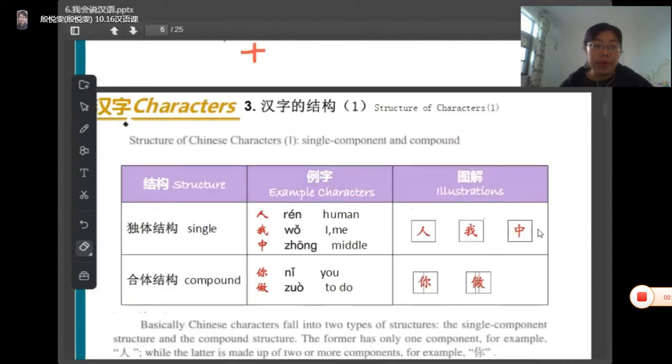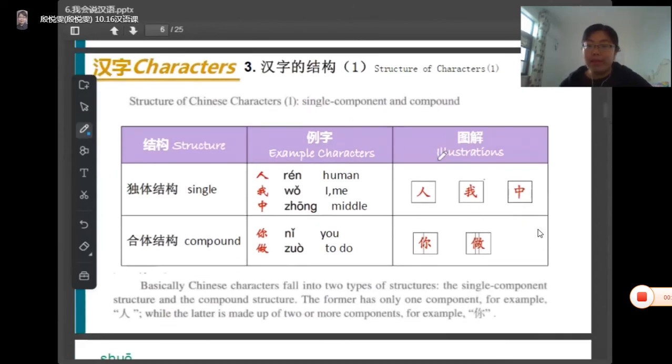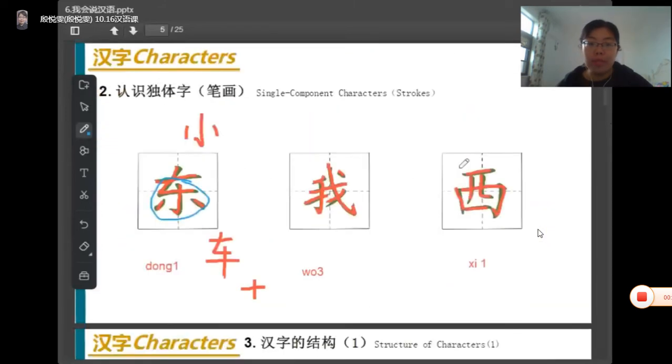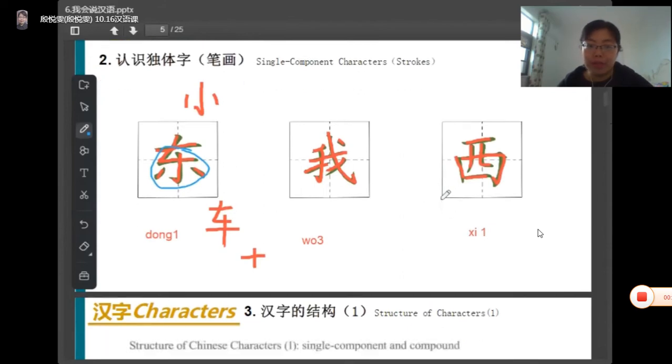Here is the structure of Chinese characters. Just now I said that in this class and before, we learned some Chinese characters, and these are all single component characters.